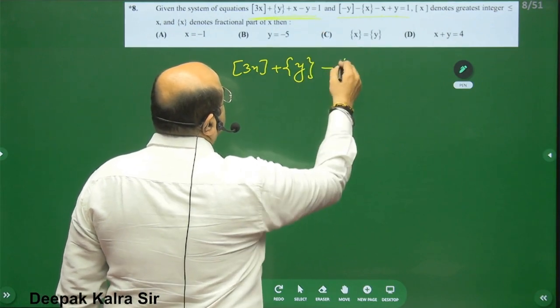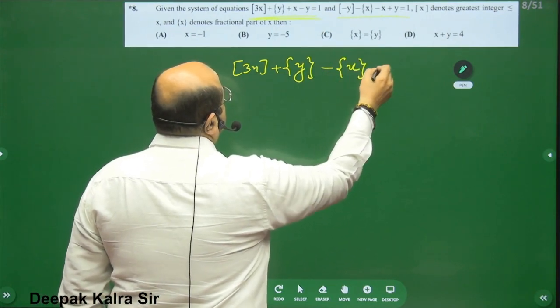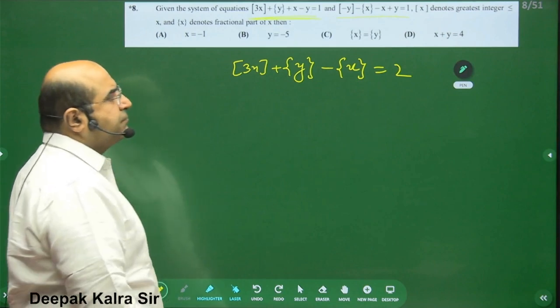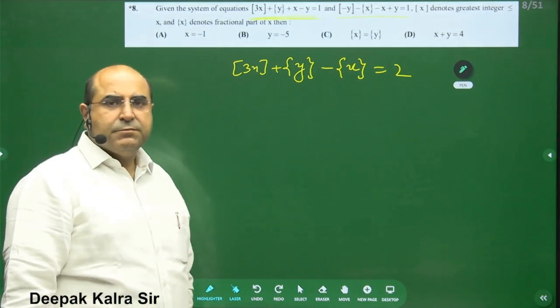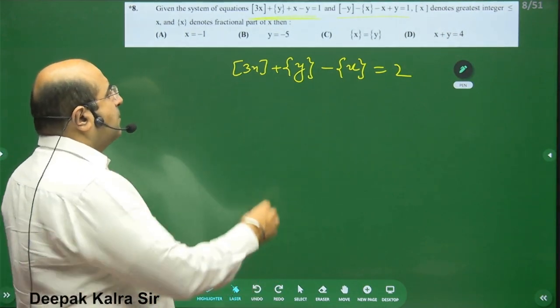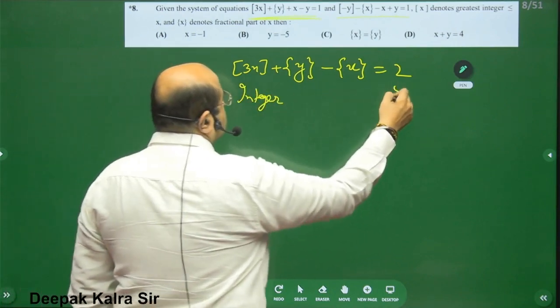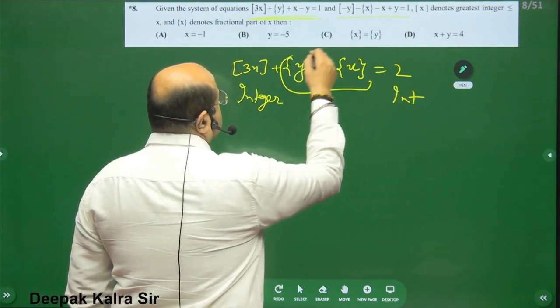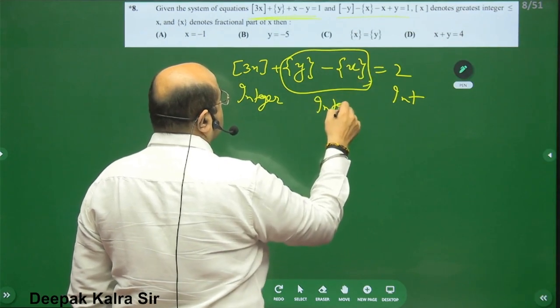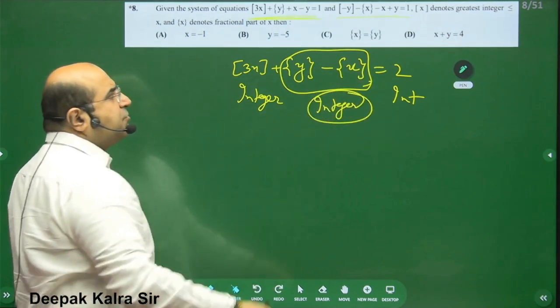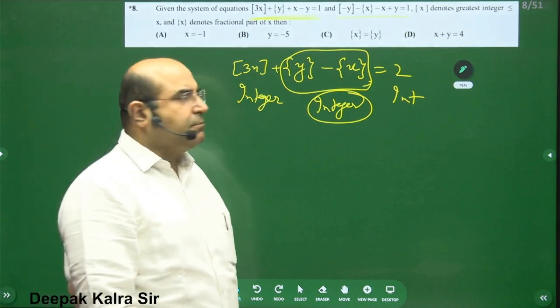You get this as an answer. Clear? On adding, this is an integer. This has to be an integer. This is the thing which you can apply, isn't it?